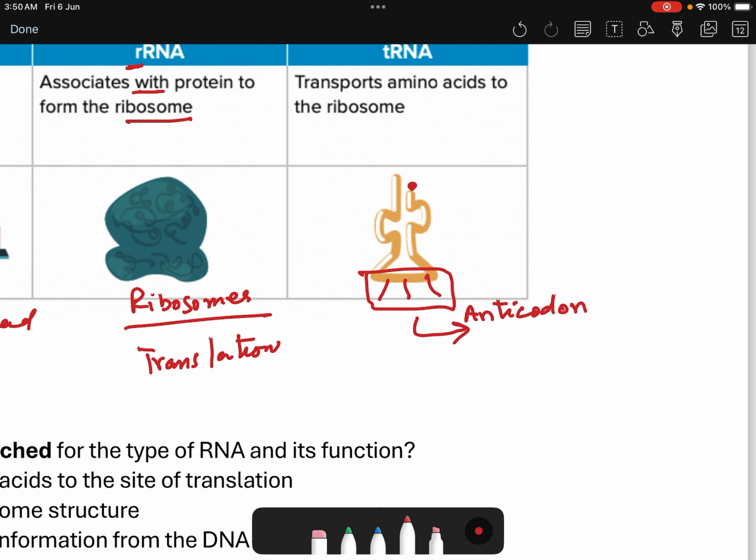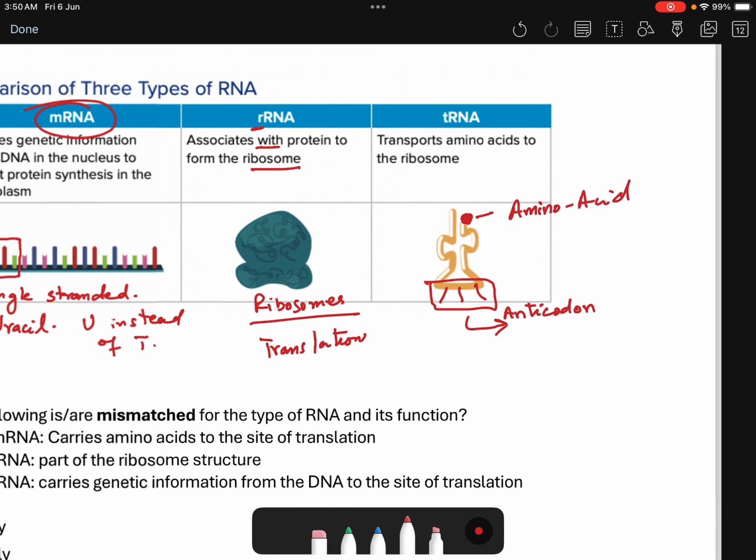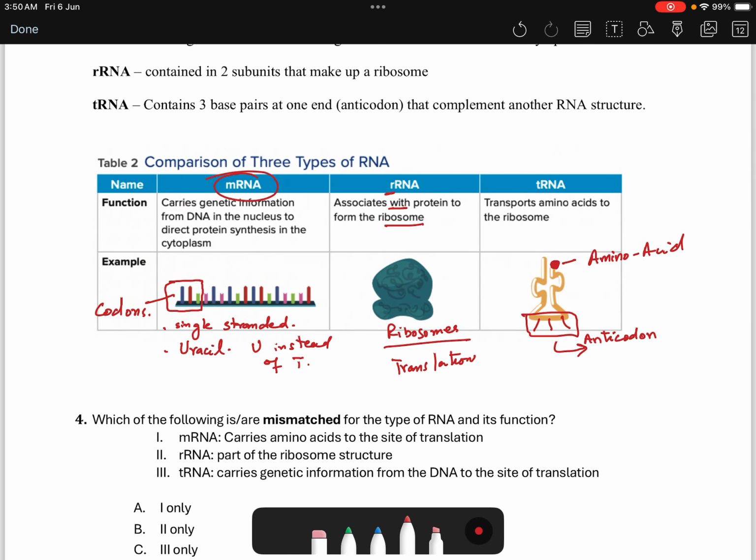And on the second side you have a circle-like structure, and this is the amino acid. So tRNA looks like a hairpin structure, and it has two major labelings. Number one, amino acid, while the second one is the anticodon. So this is how you identify their structures.